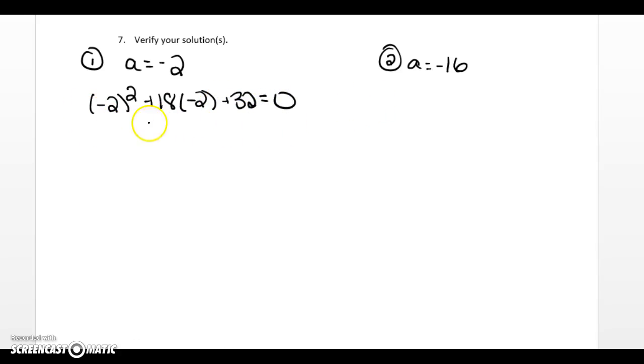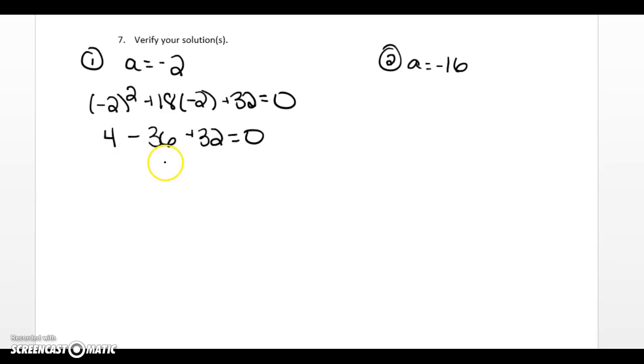So we're going to simplify this left-hand side and show that it equals 0. Negative 2 squared is positive 4, 18 times negative 2 is negative 36, and then plus 32, and that should all equal 0 if we did our math right.